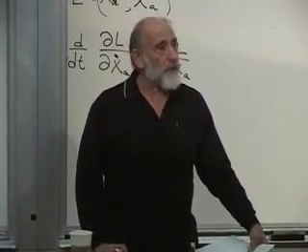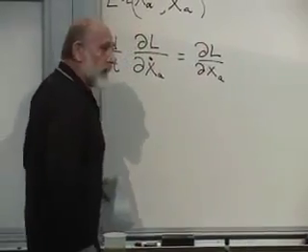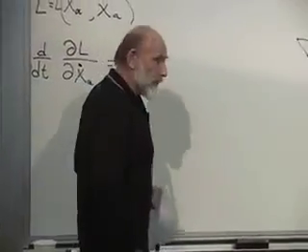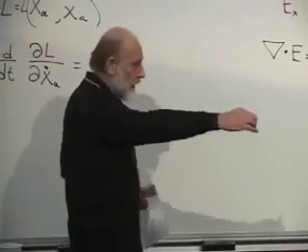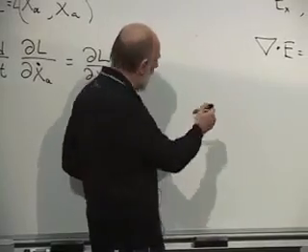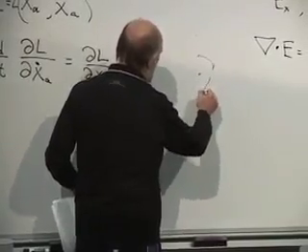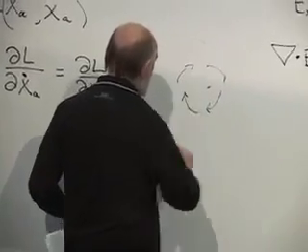The curl itself has three components, and each component is related to an axis. Given an axis, let's say the axis out of the blackboard, the curl represents the tendency of the vector field to wind around that direction.